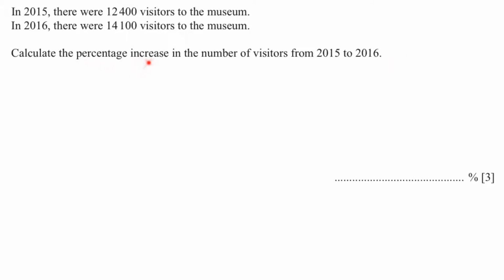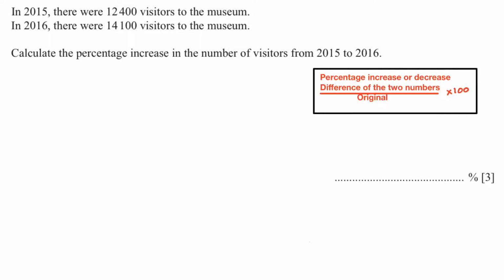Whether it is a percentage increase or decrease, we follow one formula. The difference between the two numbers we put on the top as a numerator and the starting value, or what was the beginning number, we put it in the denominator, multiply by 100.